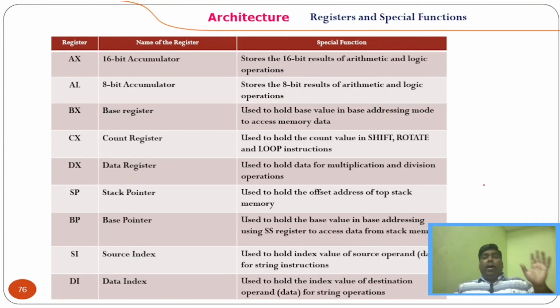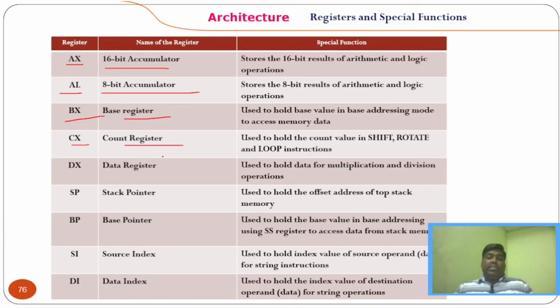This is the complete function of the different registers: AX can act as a 16-bit accumulator, AL can act as an 8-bit accumulator, BX is the base register, CX can act as a counter register, and DX can act as a data register.